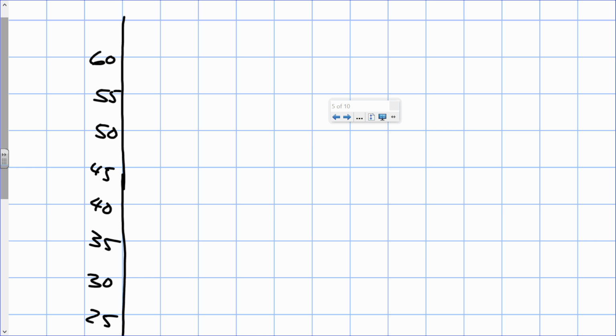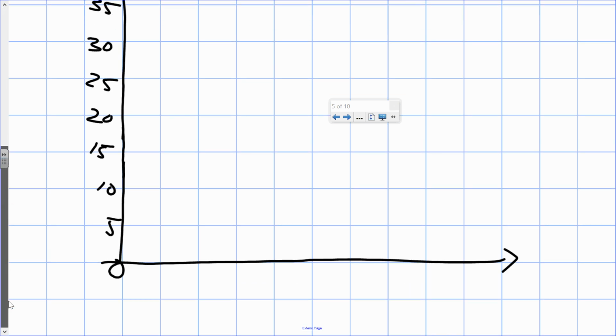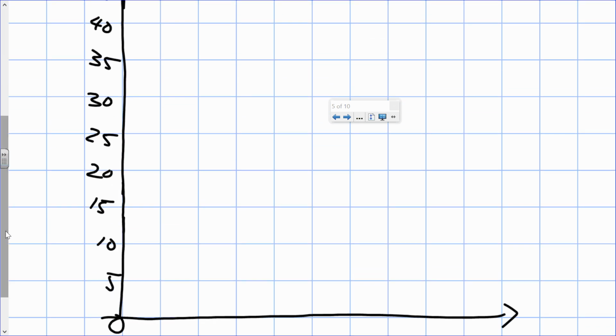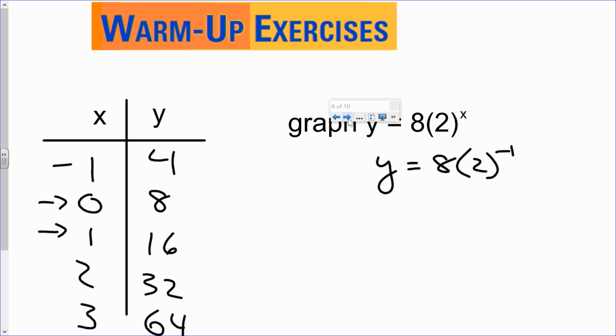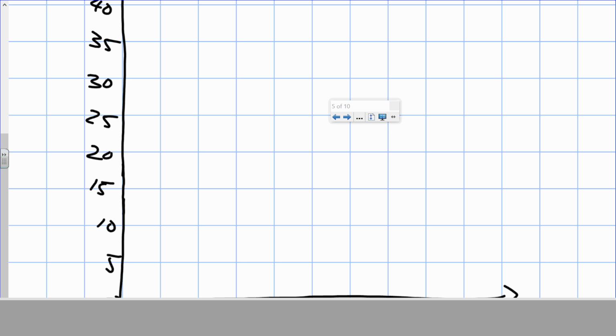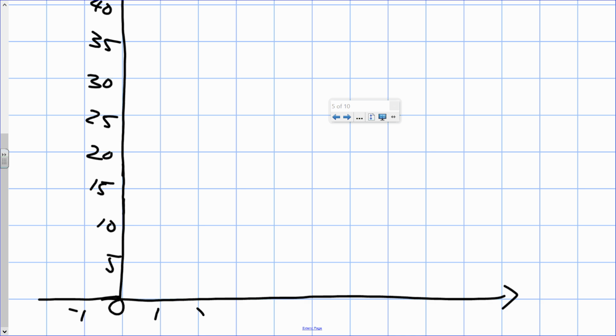Make sure you give yourself enough room for your y-axis. We're going from 0 to 60 going by 5s. And on the x-axis, we're only going from negative 1 to 3. I'm going from negative 1, 0, 1, 2, and then 3.